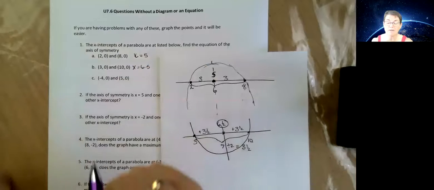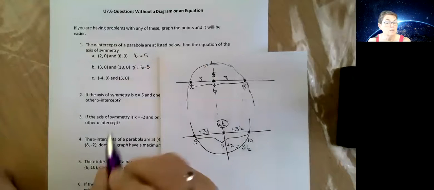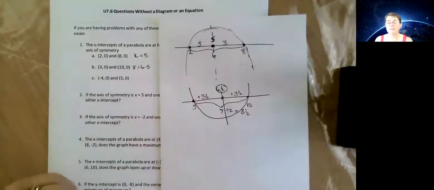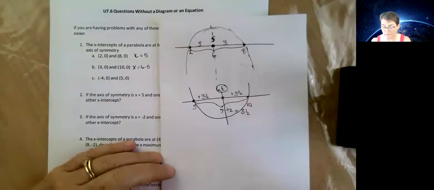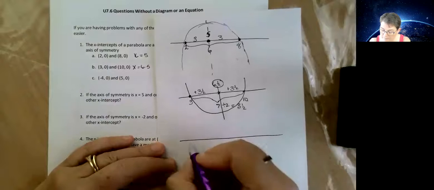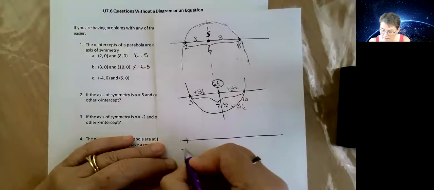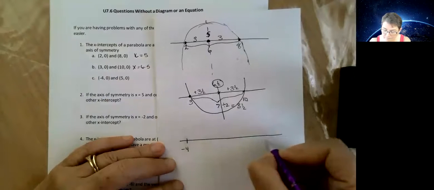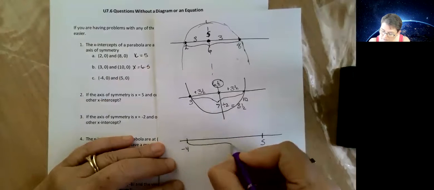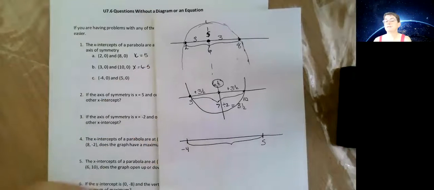Now, how about that last one? It's a little bit of a tricky question, because if you're not paying attention, you might think the answer is like 1 or something. So here's my graph. -4 is over here. +5 is over here. What's the distance between those two?